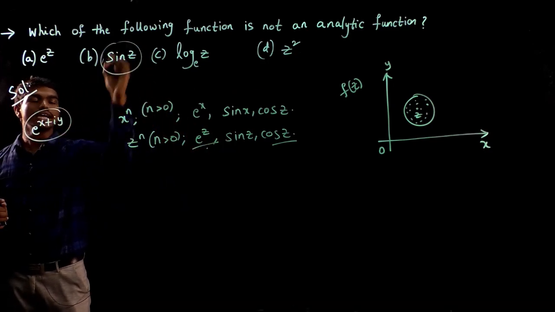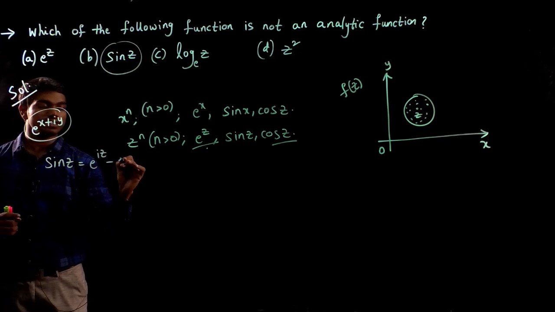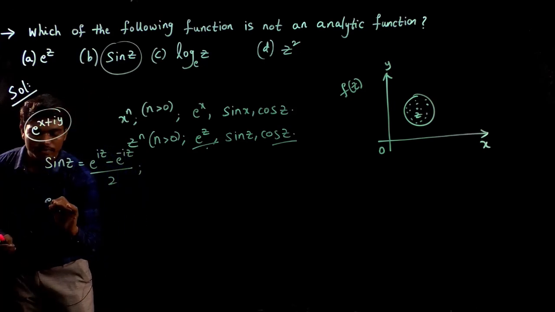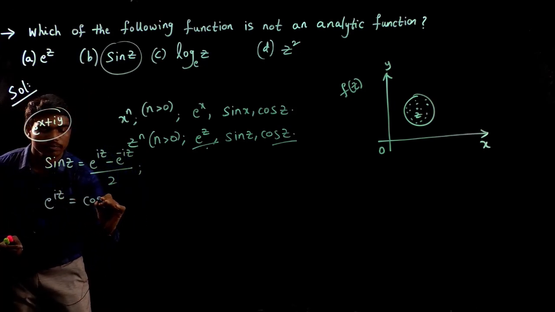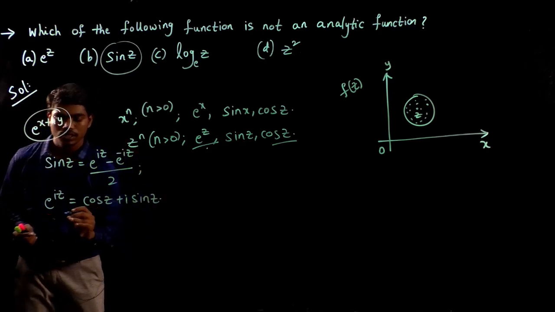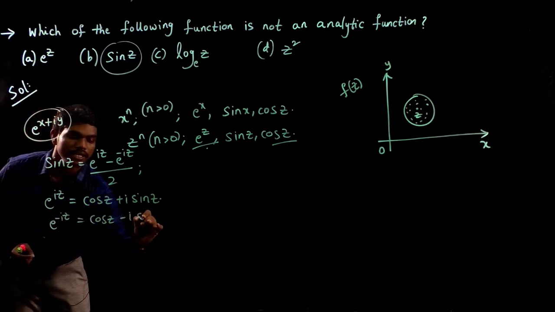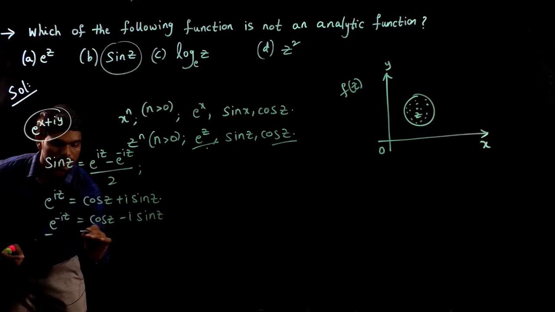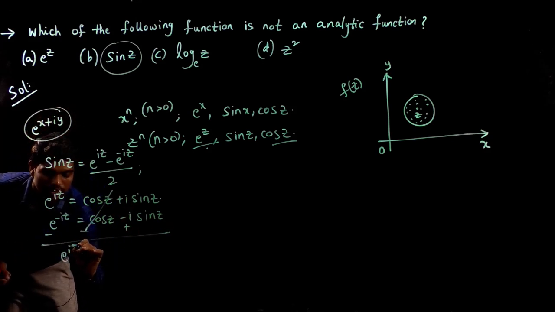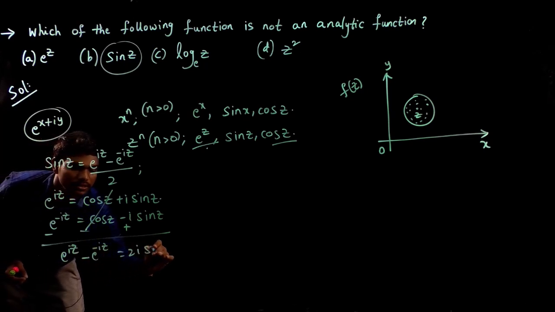Similarly, sin z can be written in terms of exponentials, because we have e power iz is equal to cos z plus i sin z, as per Euler's formula in complex variables. So e power minus iz can be written as cos z minus i sin z. If you subtract these two, cos z gets cancelled, and e power iz minus e power minus iz is equal to 2i sin z.